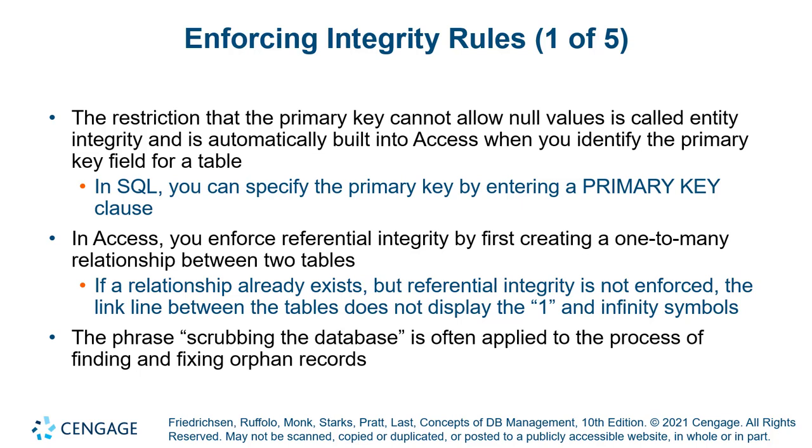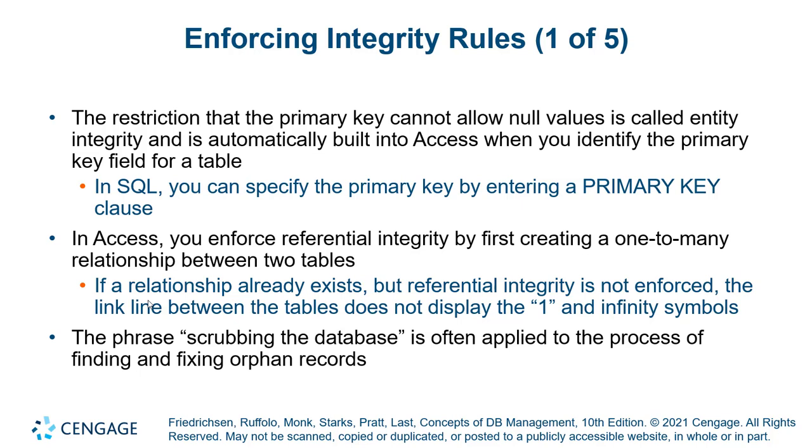The way that we can enforce this is through those relationships that we create within our tables. Whenever we set up a relationship, we've talked about primary keys and foreign keys before. When we create a one-to-many relationship, the primary key of one table becomes the foreign key in another table, and that creates the one-to-many relationship.